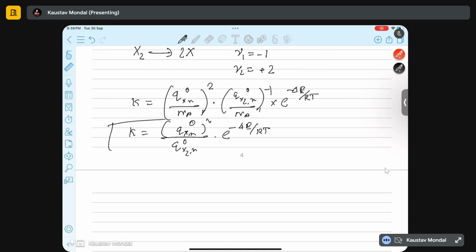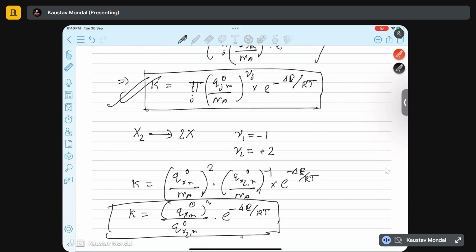Okay, this is the equilibrium constant. So this is a specific form we got for the equilibrium constant for this kind of expression where X2 is dissociated into 2 X atoms.